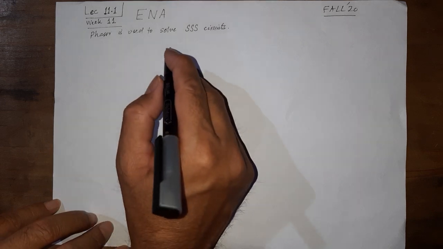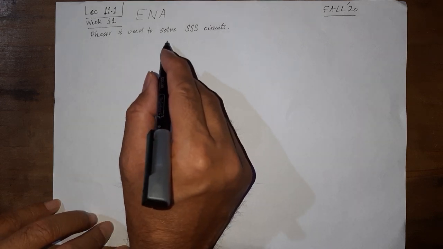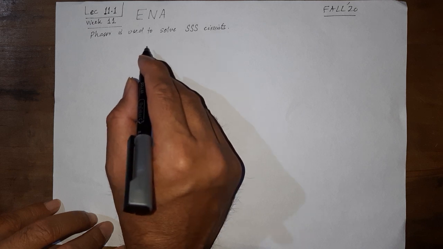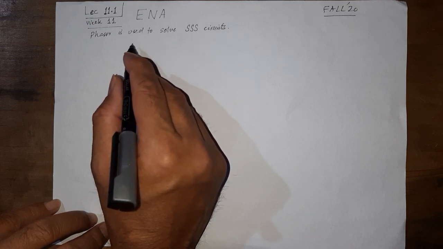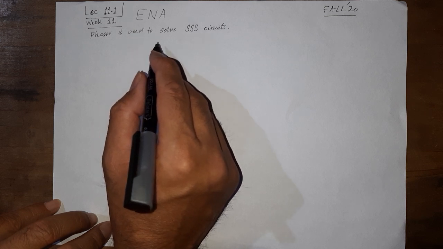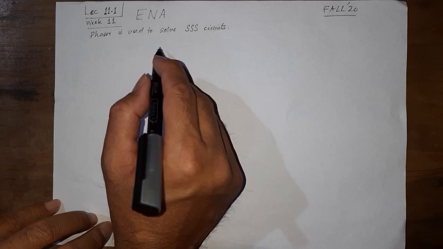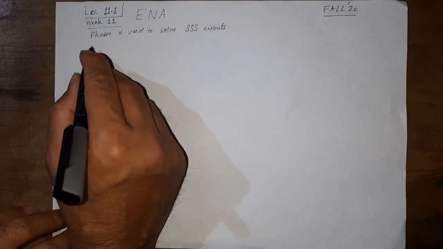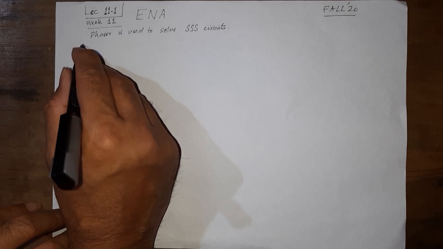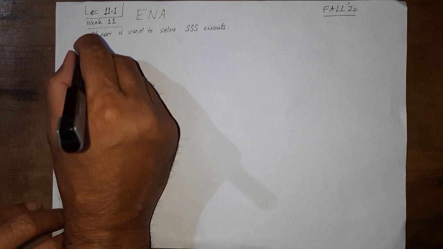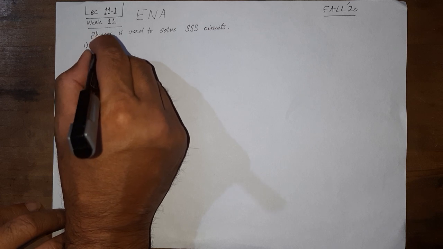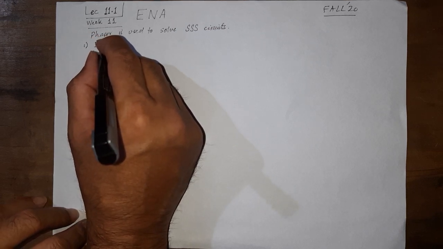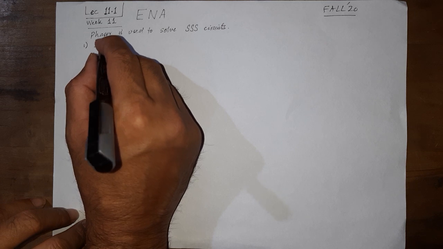If we have a linear network of RLC components with sinusoidal voltage and current sources, and we want to find a response, some current or some voltage in the circuit, then we can use phasor to solve that. However, up till now we have also solved circuits like DC circuits. By DC circuits we mean where the forcing functions are DC.